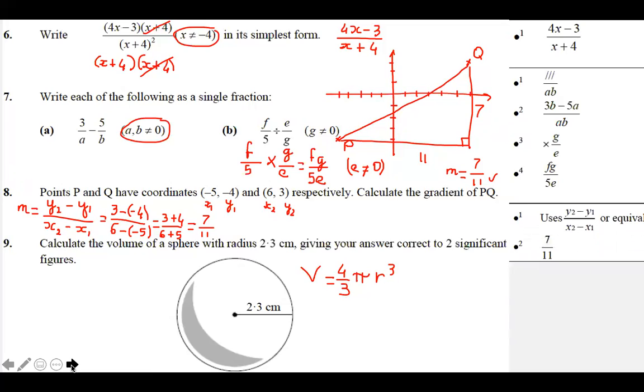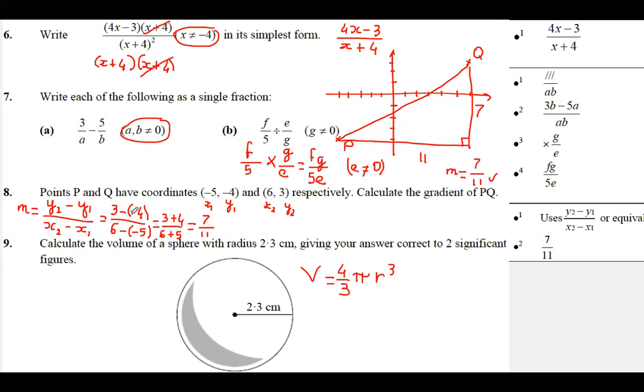So first of all, your mark uses y2 minus y1. Did you see? They'll still give you a mark for an equivalent method. To me, that is equivalent to someone who couldn't remember that. You would still get a mark if you show me what you've done, and then putting 7 over 11, whether you do it that way or another way.